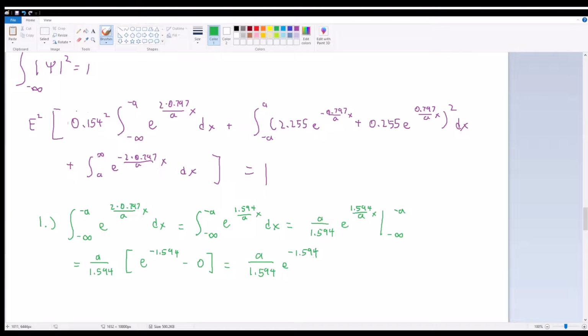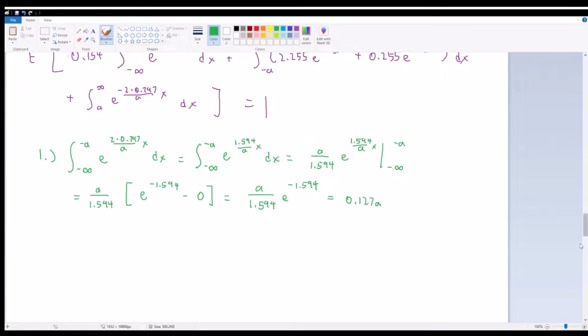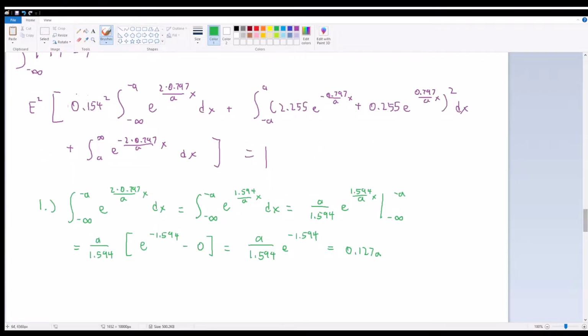If I plug that into my calculator, e to the negative 1.594 divided by 1.594, that's going to give me 0.127 multiplied by a.